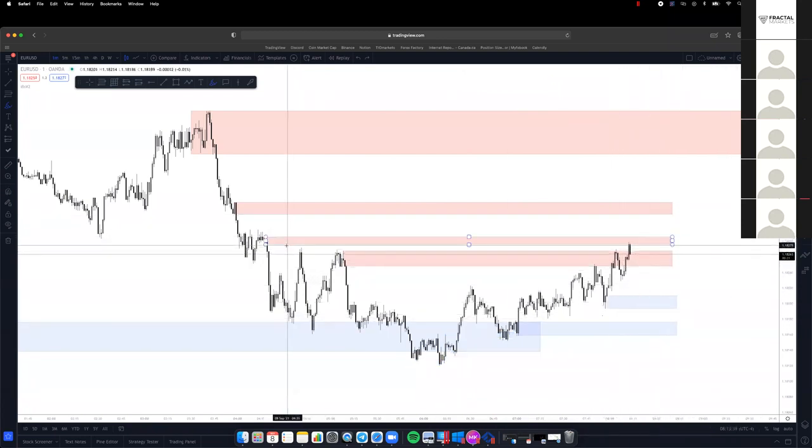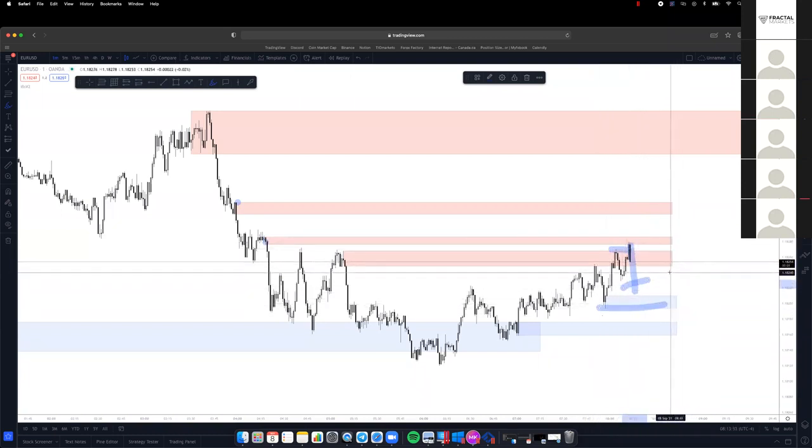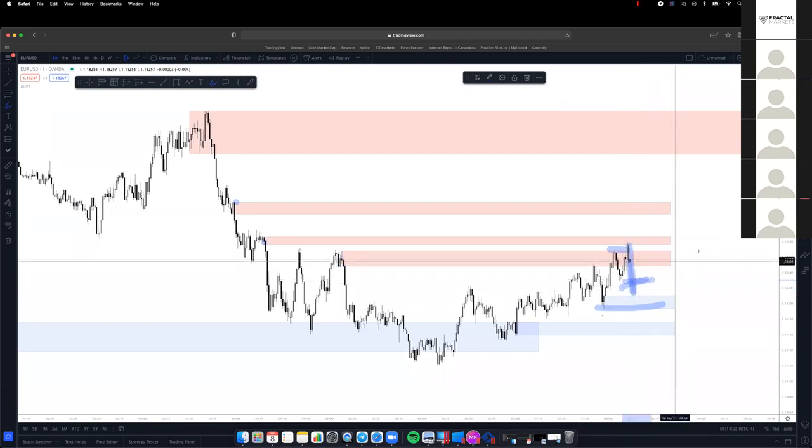So you can see, with all of these unmitigated zones, it's really, really difficult on a counter trend move to be considering swinging for the fences. We could easily take out this structure right here. This is kind of like an inducement potentially. So at this point, it would be a riskier move to take this as the break of structure right here.